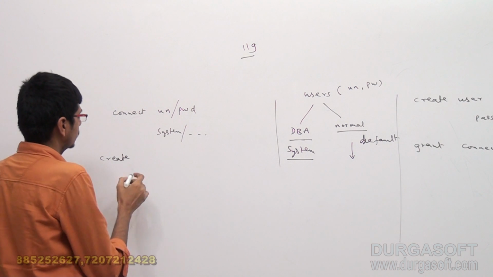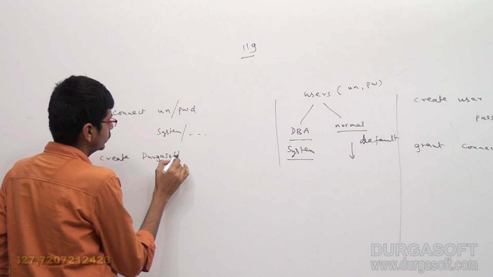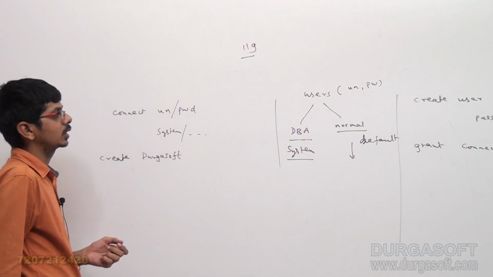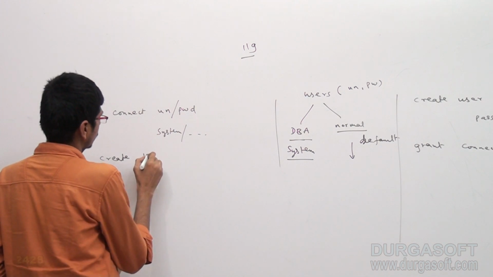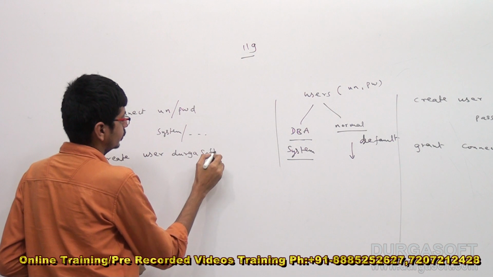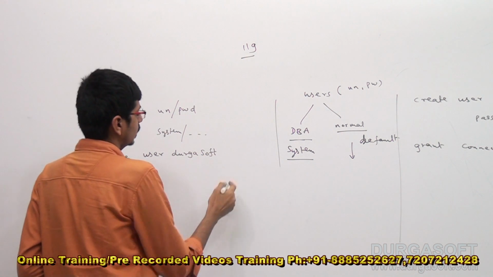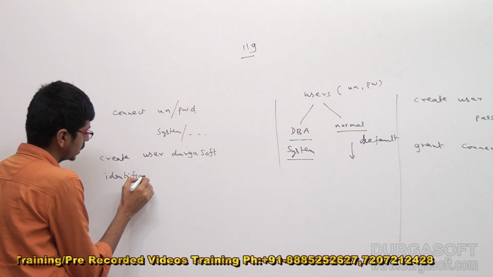a user called DURGASOFT. DURGASOFT is a user I want to create. Okay, so create user DURGASOFT. Okay, and identified by is a keyword.